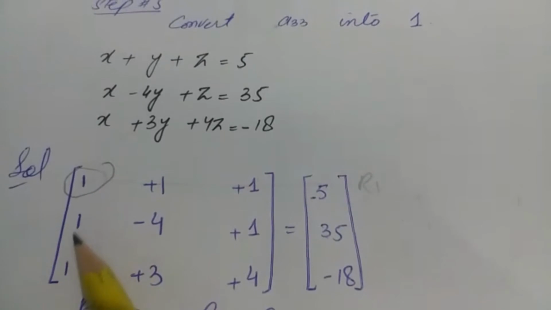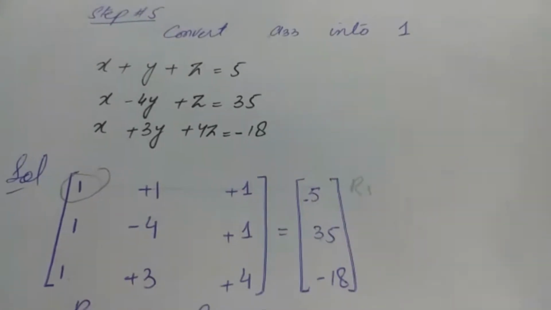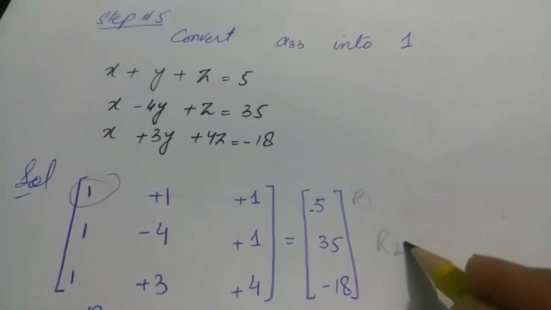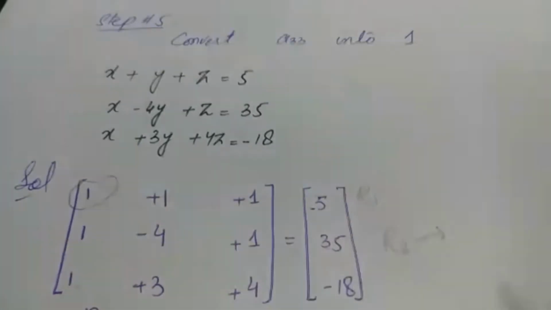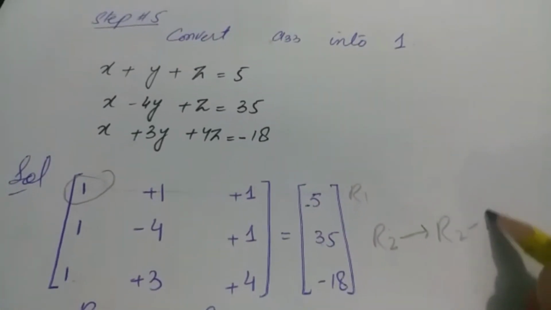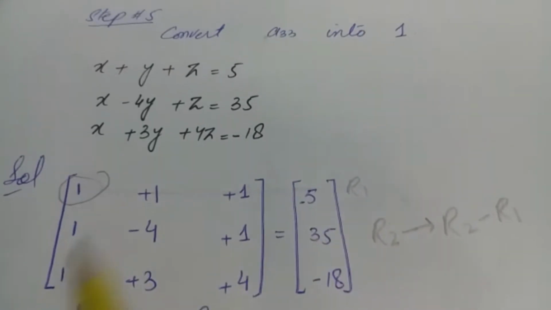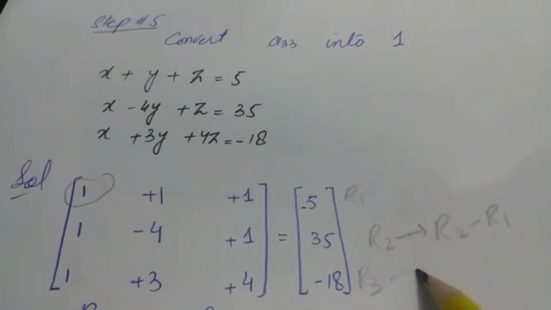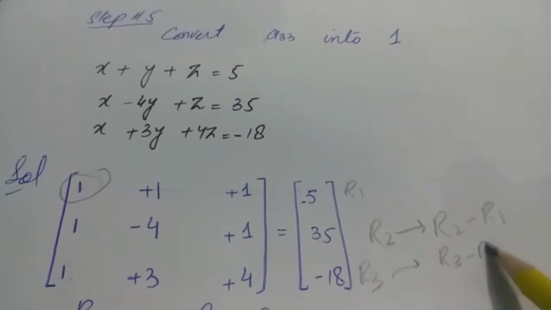To convert R2 into 0, R2 minus R1, and to convert R3 into 0, R3 minus R1.